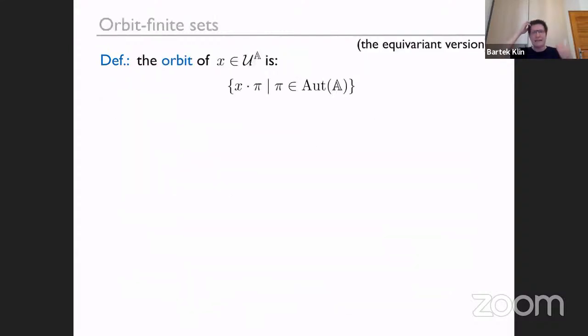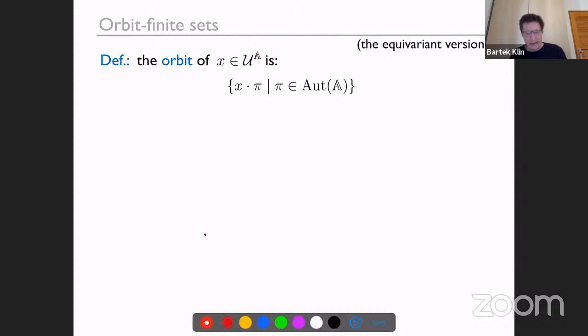Now, the final piece of information about atoms will be orbit finite sets. I will give you a simplified equivariant version of this notion. So, if I take any element in the universe, then its orbit is the set of all elements that I can get to by applying some atom automorphism.